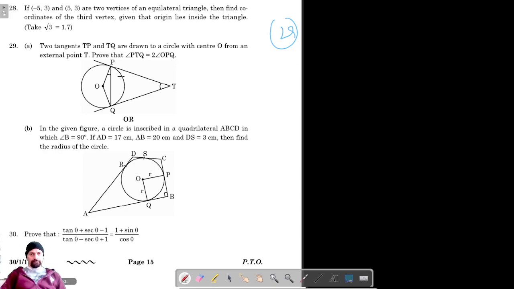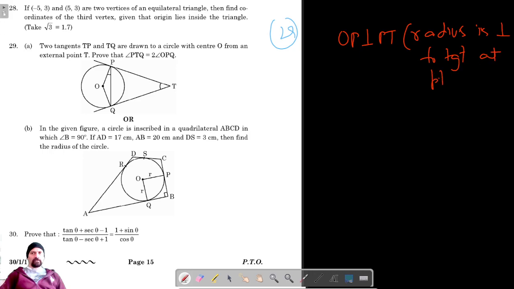Now OP is perpendicular to PT because the radius is perpendicular to the tangent at the point of contact. So that means angle OPT is equal to 90 degrees.